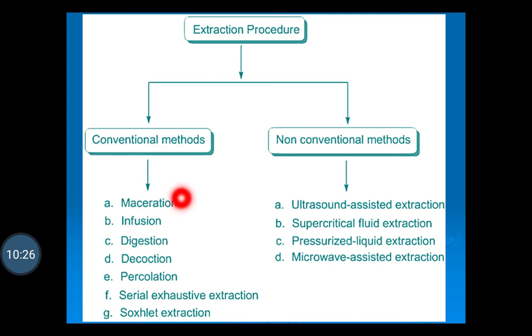So these are the conventional methods. In the non-conventional methods, ultrasound assisted extraction, supercritical fluid extraction, pressurized liquid extraction, and microwave assisted extraction are used. In the case of the modern methods, the process of extraction speeds up as compared to the conventional or general methods of extraction.